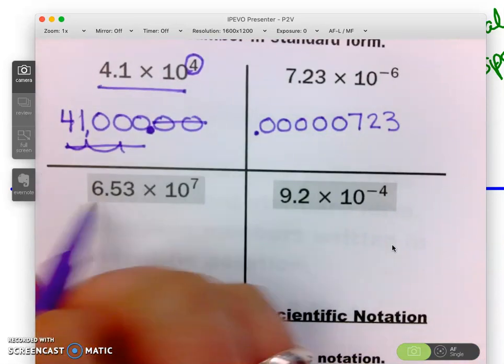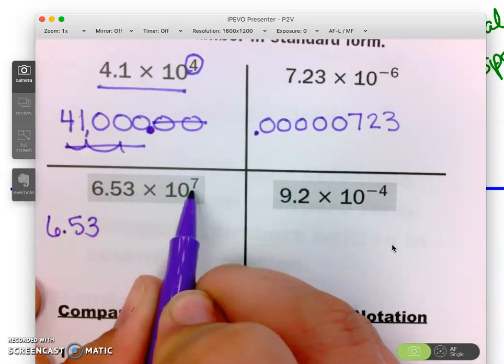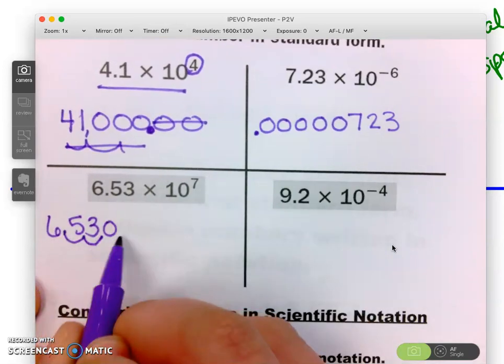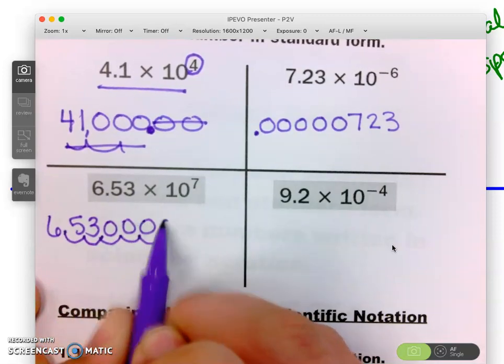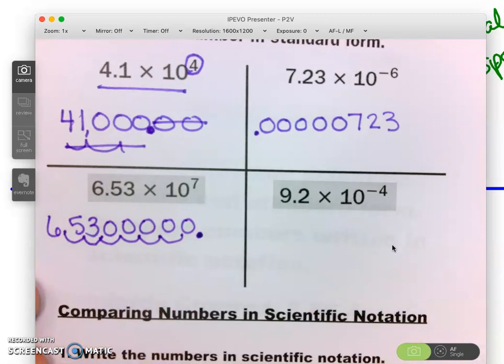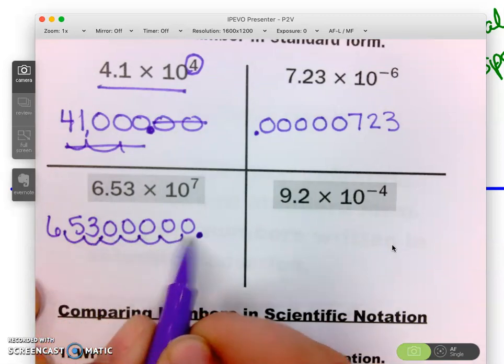Okay, let's do 6 and 53 hundredths. It's a positive number, so I'm going to move to the right. 1, 2, 3, 4, 5, 6, 7. I'll double check my answer. 1, 2, 3, 1, 2, 3, 4, 5, 6, 7.